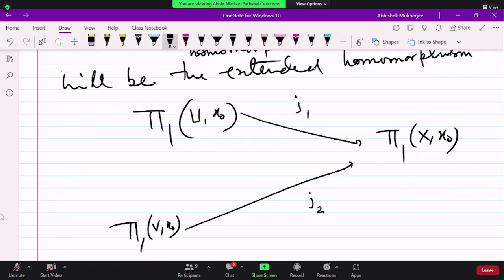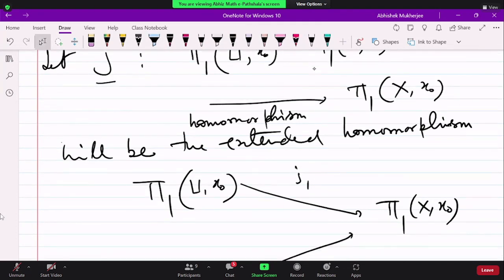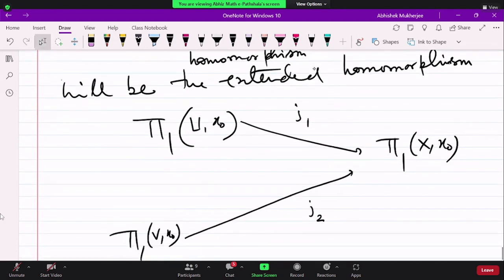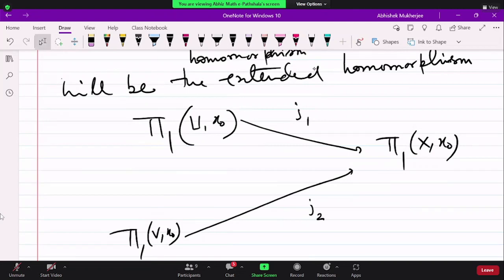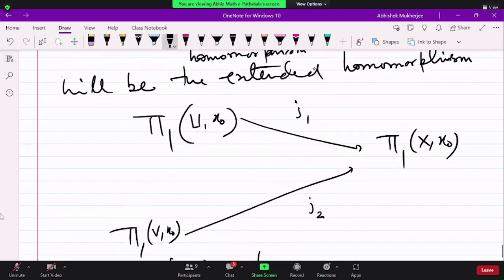Okay. And then let J be the extended homomorphism, which is induced by these two inclusions J1 and J2. Then one can say that J is onto. This can be proved.